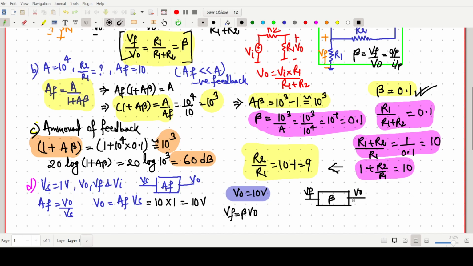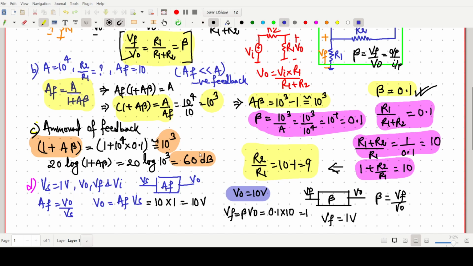So beta equals output, which is Vf, by input, which is V naught. So Vf equals beta into V naught. The beta value is known to us, that is 0.1. 0.1 into V naught, which is 10, so it should be 1. So Vf value is 1 volt.